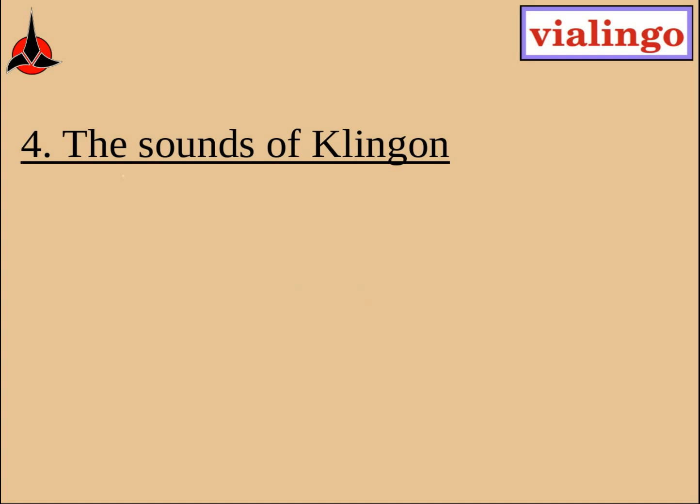Some sounds are written as a group of letters. The sound written as ch represents the sound ch in both English and Klingon. However, the sound written as tlh represents a sound that doesn't exist in English. In Klingon, the sounds written as ch, tlh, gh and ng are each treated as a single letter.